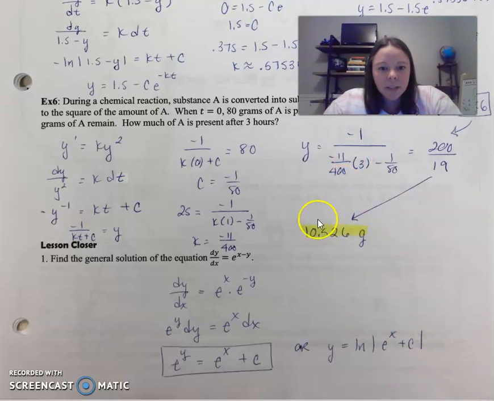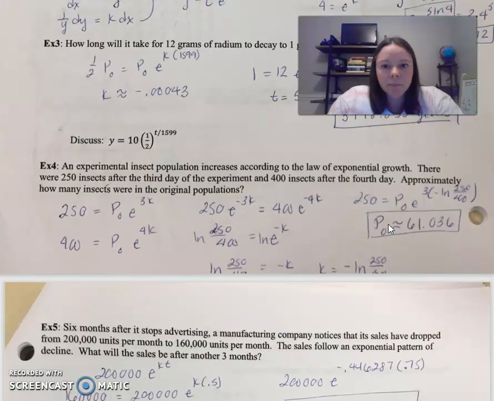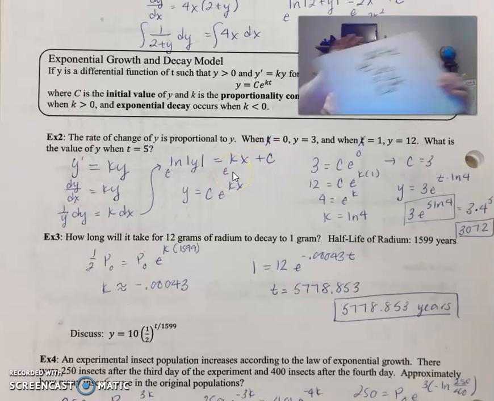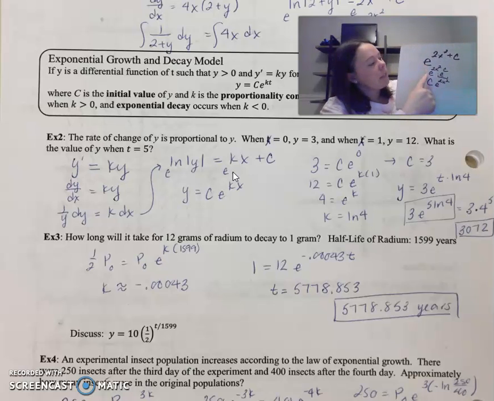All right, and then we've got one little last lesson. The only reason I put this one on here is sometimes students forget those exponent rules that are really nice. I reminded you in the last section, we used that where we base e both sides, and this e to the kx, and then you've got your plus c up here. That can be rewritten as e to the 2x times e to the c, and then that e to the c can be written as just a big plus c out in front.